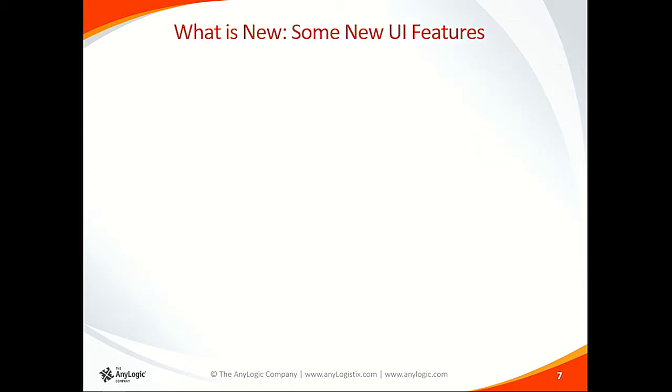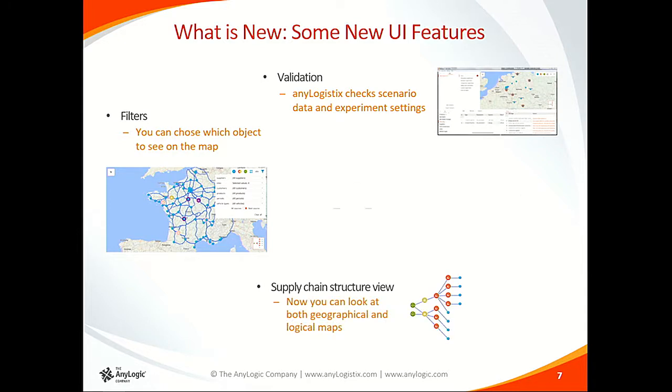Some new UI features we implemented within this period. First, we added filters on the map. Now you may choose which objects you would like to see on the map. We added validation, which checks the scenario data for consistency.